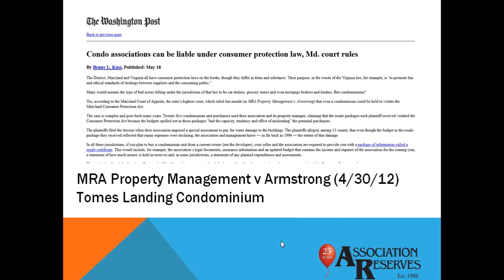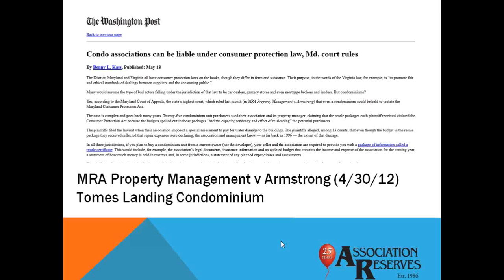It's a court case that describes an association where the board knew about some significant problems, created the budget, and distributed that budget to prospective owners for a period of years. And those owners who bought over that time period later got hit with a special assessment, found out that the board knew all the time that a special assessment was forthcoming, and they sued the association for basically misrepresenting the financial state of the association.